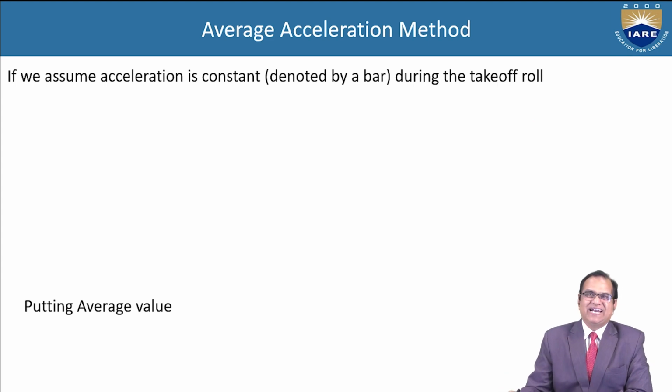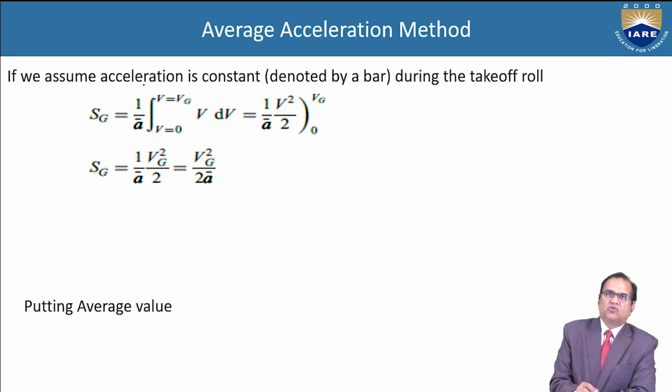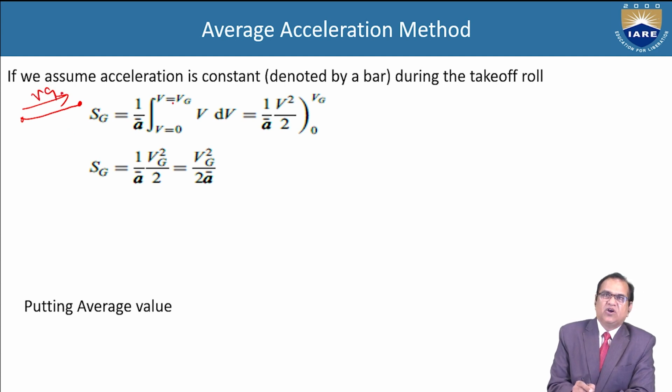So we will see the average acceleration method. If we assume that acceleration is constant, denoted by a bar, during the takeoff roll, then Sg is equal to 1 by a bar integral from V equal to 0 to V equal to Vg of V dV. Sg is the ground roll distance from here to here, and Vg is a velocity. So 1 by a, V square by 2 from 0 to Vg.